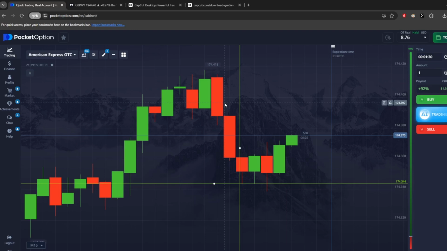So, one, two, three, four. If you close this, we're bullish. So now this new red candle would be the completion of this new range.